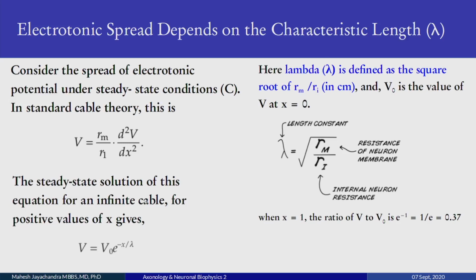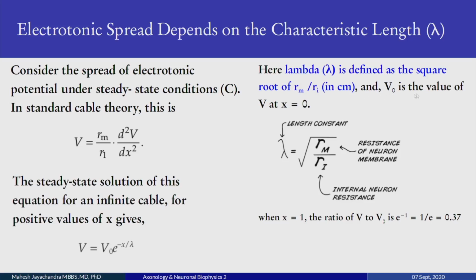So the steady state solution for this equation in an infinite cable, for positive values of x, gives V equal to V naught e to the minus x by lambda. This is very straightforward to derive from cable theory, and here lambda is defined as the square root of Rm divided by Ri: the resistance of the neuronal membrane divided by the internal resistance of the neuron.